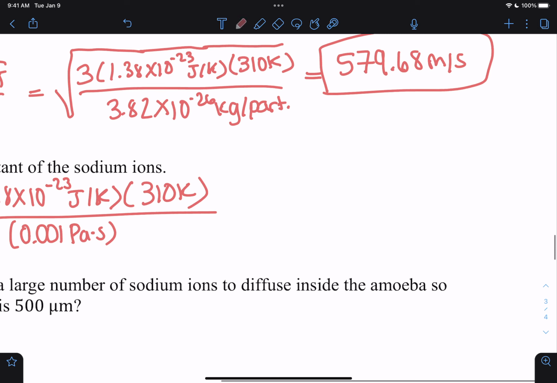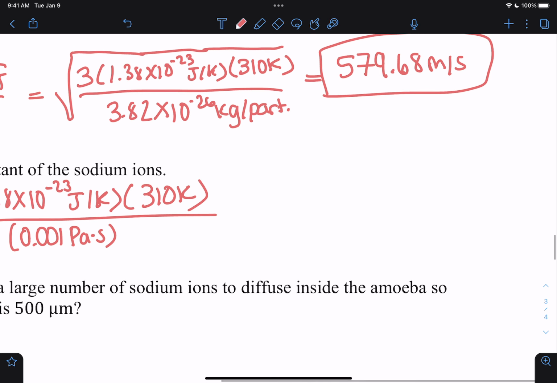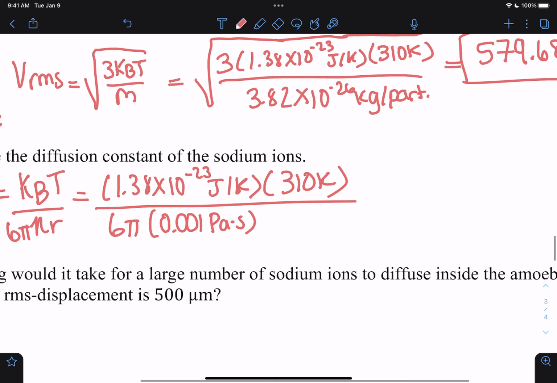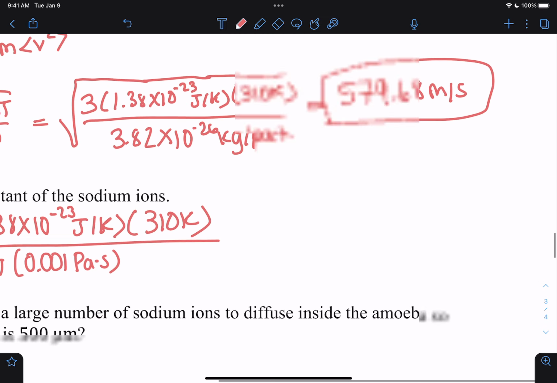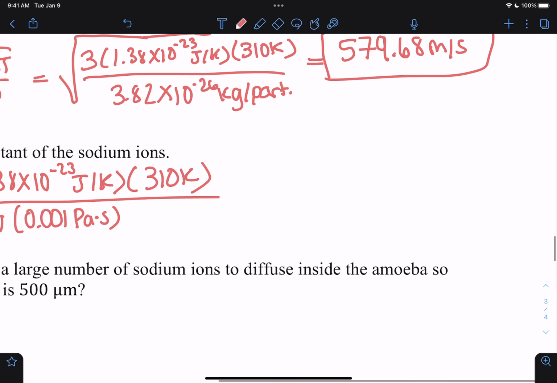Because remember, in 1 kilogram, for example, there are 1,000 grams, right? And so in 1 gram, there are 1,000 milligrams. So if you wanted to convert from millipascals to pascals, it'd be the same concept.